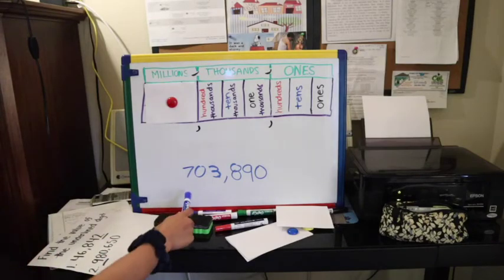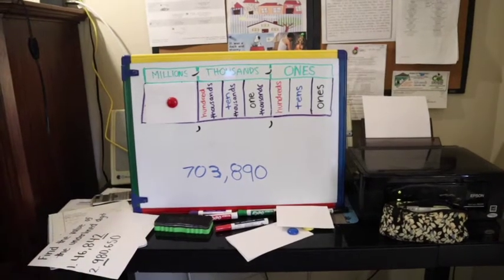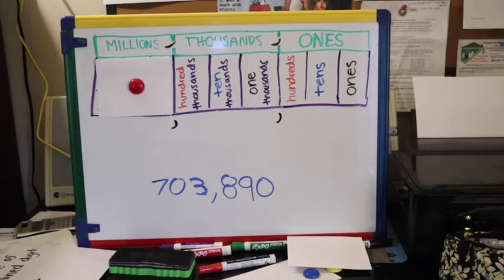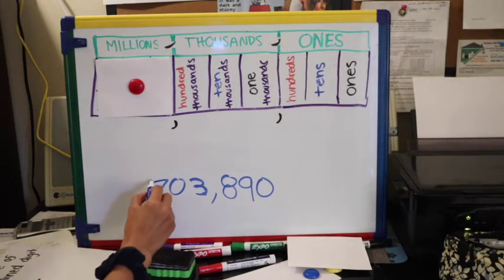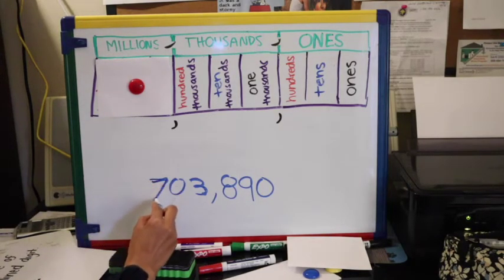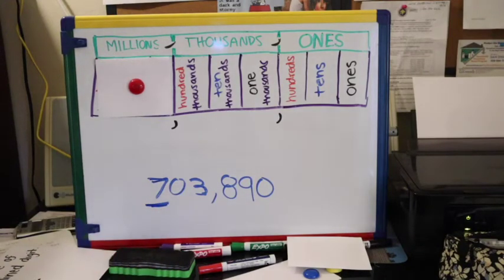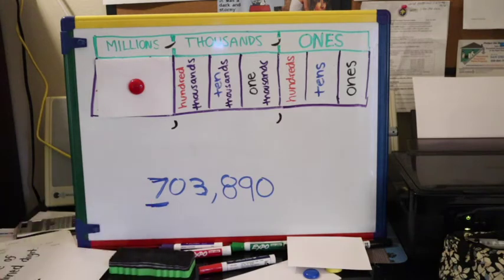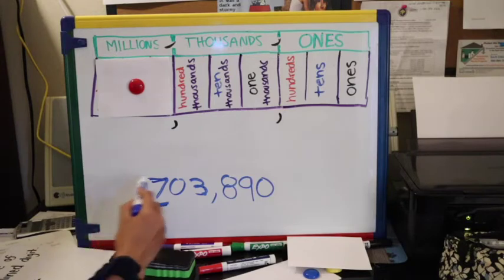Okay, so now we have the number. Let me zoom you in really quick. 703,890. And I want to know the value of just this 7 right here. So I'm going to underline that 7. So now I'm going to ask, what's the value of that 7 inside of this multi-digit number? Well, a way to solve this is plugging this number into our place value chart.